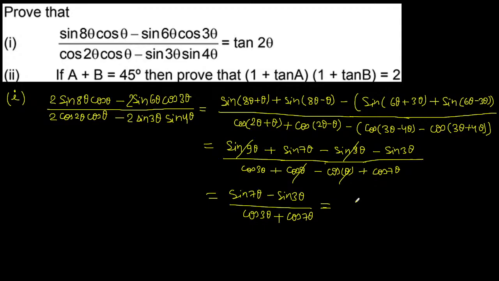Sin C minus sin D, we will have cos first. Cos C plus D by 2, sin.